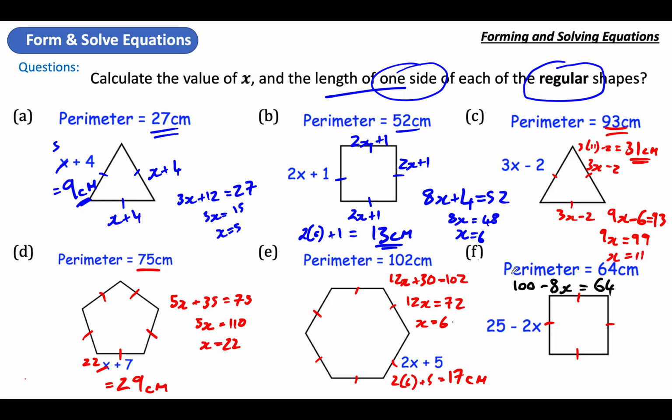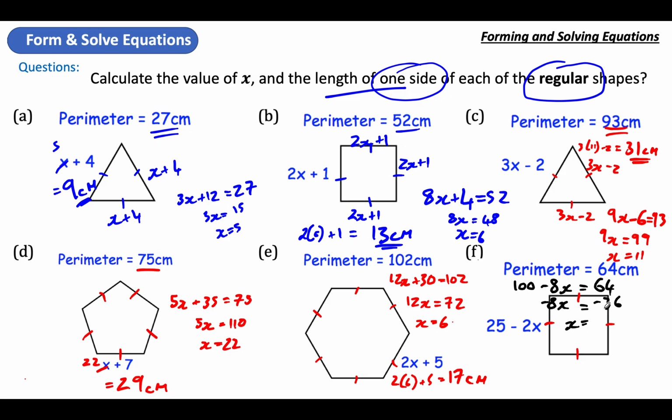Right, deal with the number on its own first. Deal with the number touching the letter last. So I shall take away 100 from both sides, which is 64 take away 100 is negative 36. And then divide it by minus 8. It's a negative number touching there, so divide it by that and see what you get.